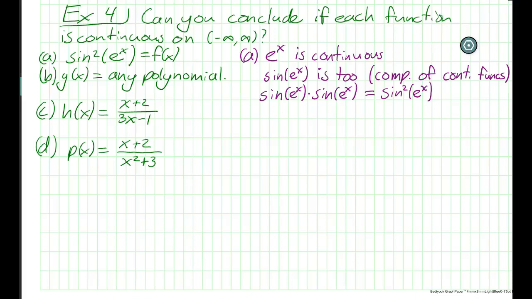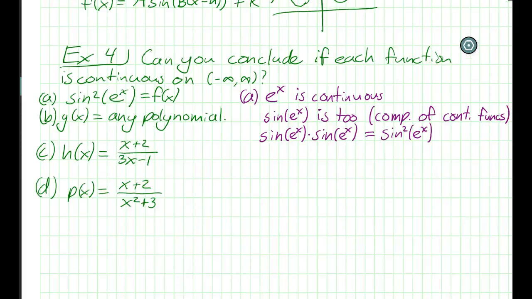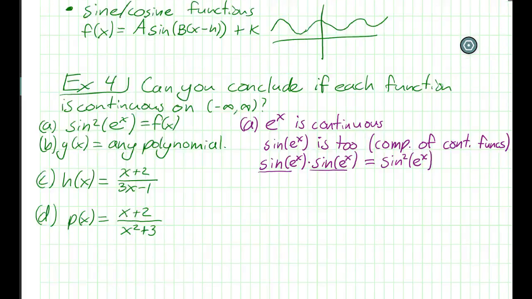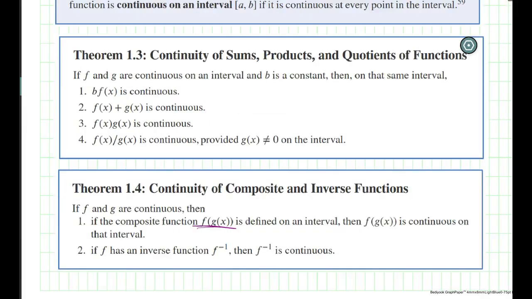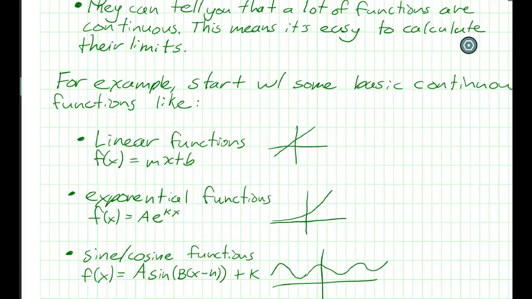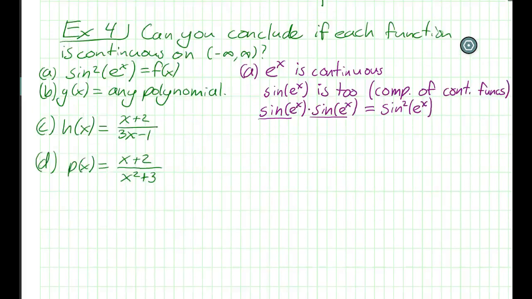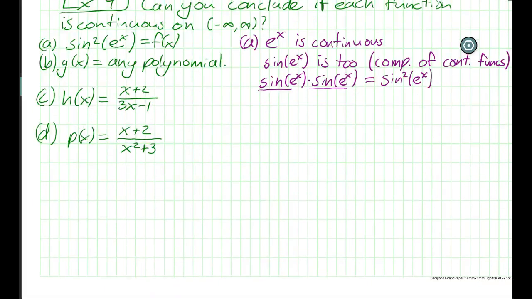Now, how do I know that that is continuous? Well, this is a continuous function times another continuous function. And theorem 3 here says that if you know that these two functions are continuous, then when you multiply them together, that result is also continuous. And this is our f of x.